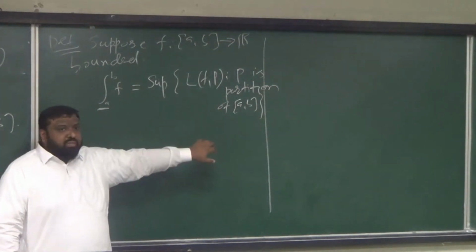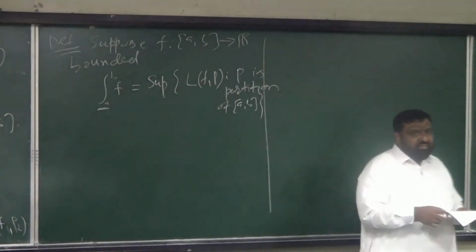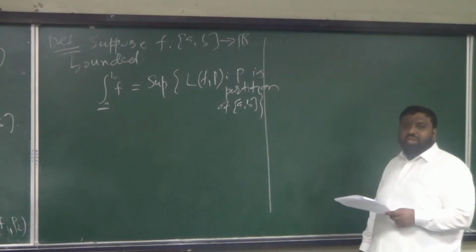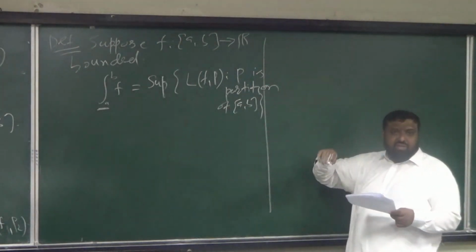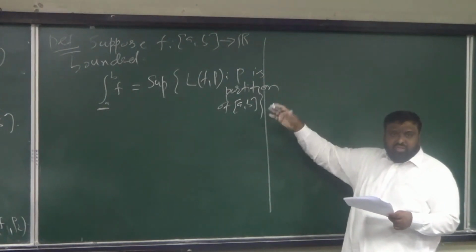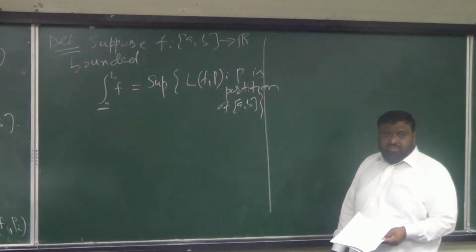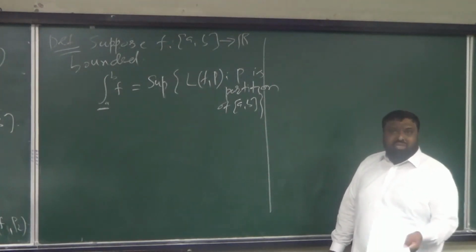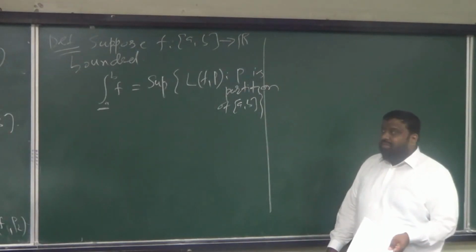Question: why should this supremum exist? Because the function is bounded. So we can say that these LFPs are going to be bounded. So that's a bounded set. Hence, the supremum should exist. Whenever I write a supremum of something, you should ask the question: can we find the supremum?